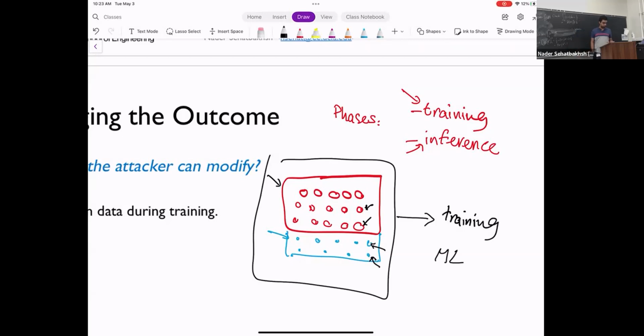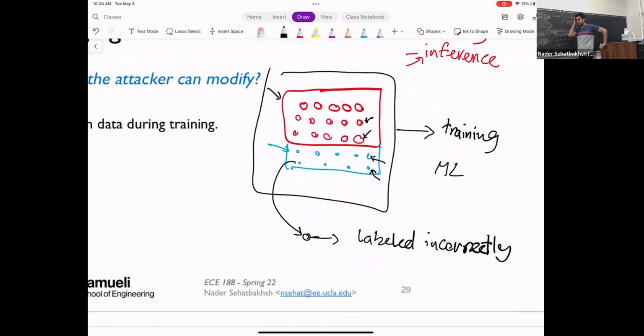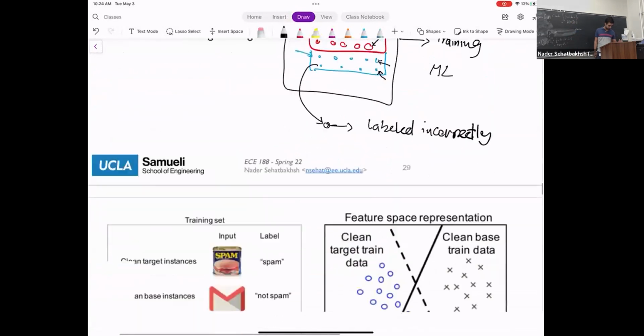As a result, during inference, when we send an input that is one of these classes, it's going to be labeled incorrectly. And that's exactly what we want. We want to fool the system and force it to make a wrong decision. That's the trick the adversary can use to force the system to make an incorrect decision.